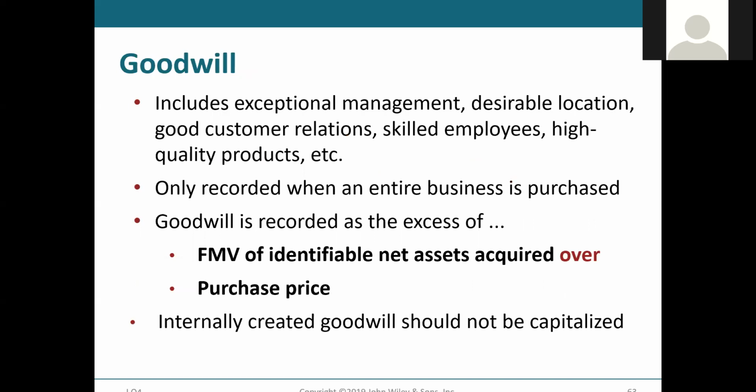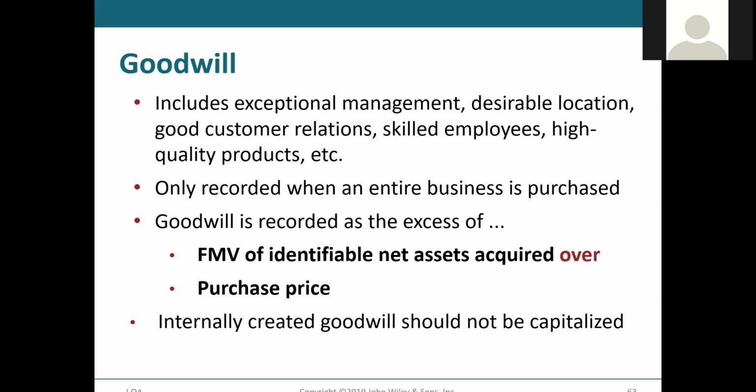Goodwill, we're going to talk about this, I think, in a little bit. Goodwill is the excess of what you paid for a company over the fair market value of the assets acquired. In other words, I have a business, and my business has a net worth of $1 million. And that includes $200,000 in fixed assets. You looked at my fixed assets and you realize they're worth, say, 700, or $500,000 more.